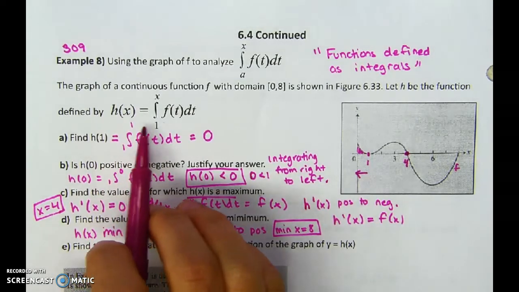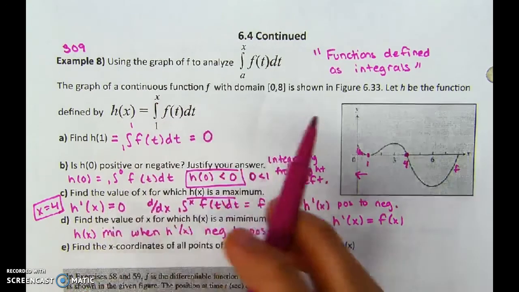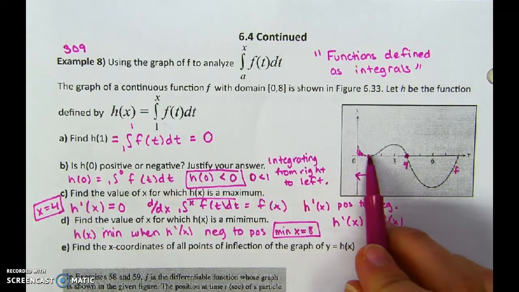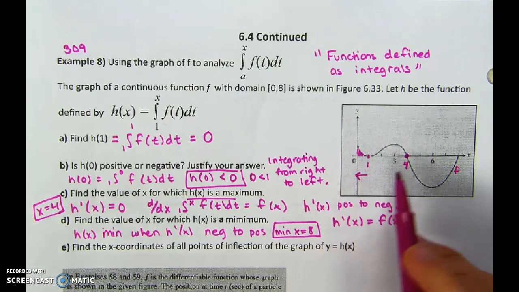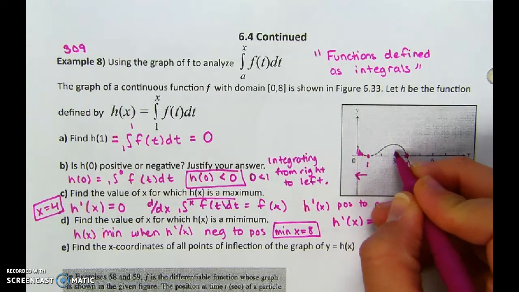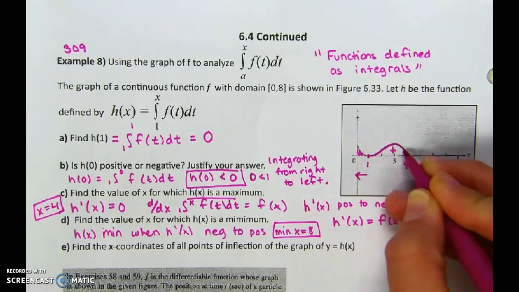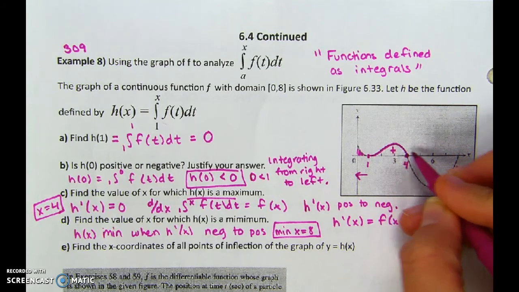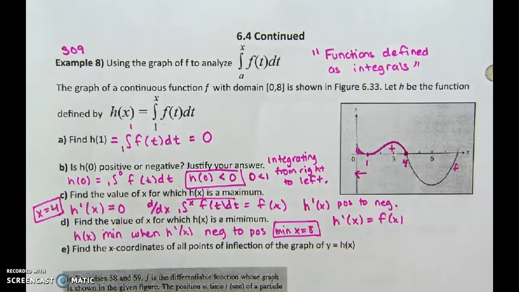h is equal to the area from 1 to whatever x is. Now, starting at 1 and going backwards, that's a negative area. Starting at 1 and going to 4, that's a positive area, and you could estimate what that is. We could say it's close to the number 2. That's an estimation, chopping the area up into little areas.